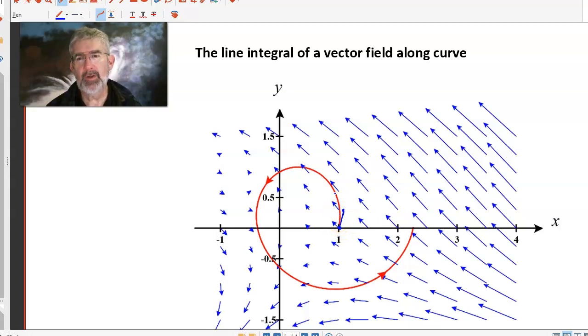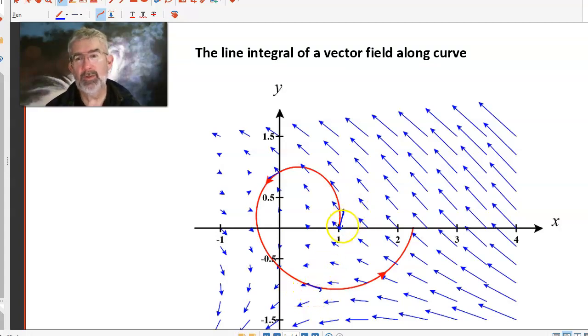And then I move along the curve, and at every point, the force field is either pushing me to continue in the same direction, or maybe out here, I'm moving in this direction, but the force field is almost perpendicular, so it's hardly pushing at all. But in other places like here, the motion is in that direction, but the force field is pushing me backwards. So it would be doing negative work at that point.